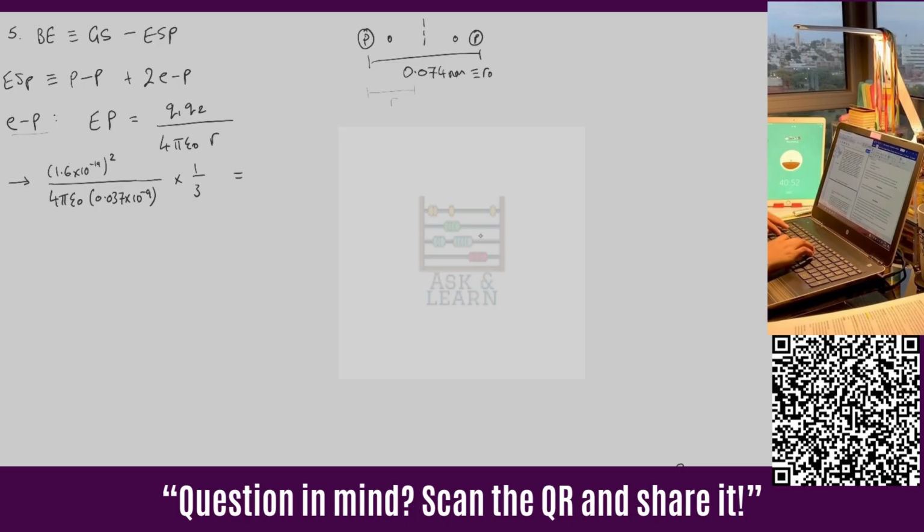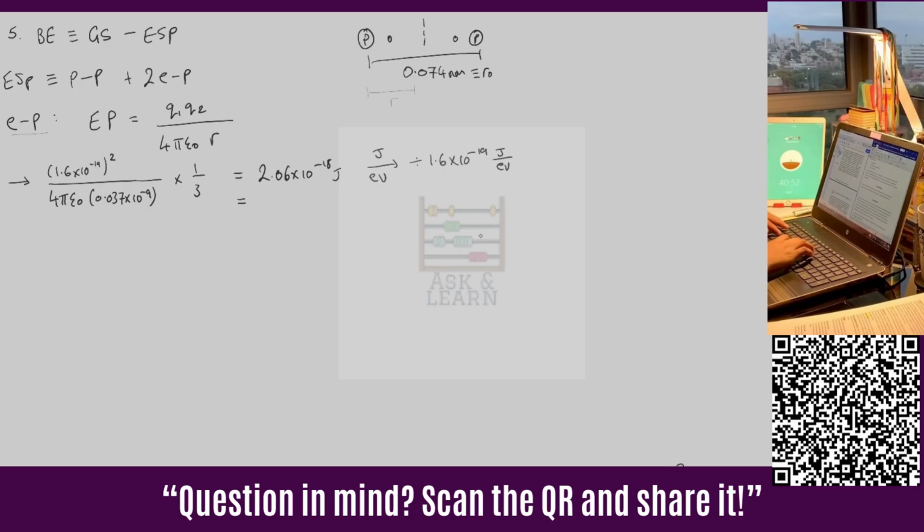And this is equal to roughly 2.06 times 10 to the minus 18 joules. And I think we'd rather have this value in electron volts. So the way we go from joules to electron volts is to divide by the number of joules in 1 electron volt, which is 1.6 times 10 to the minus 19 joules per electron volt.